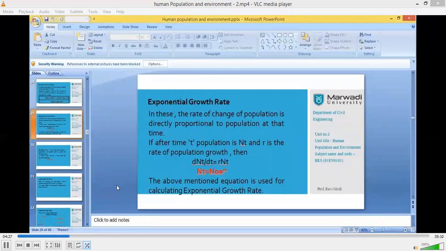When you solve it, the equation becomes N_t is equal to N_0, where N_0 is the initial population, times e, the natural base, raised to r into t. What is r? r is the growth rate of the population, and t is the time period. The above mentioned equation is used for calculating the exponential growth rate. We are going to use this equation in the numericals, so just have a quick note of this.